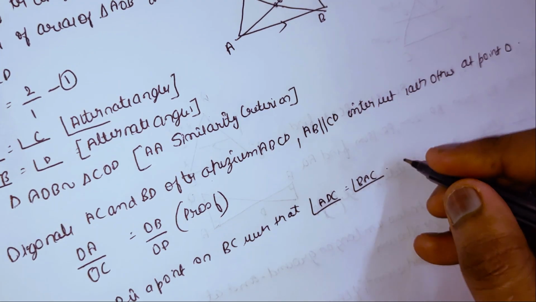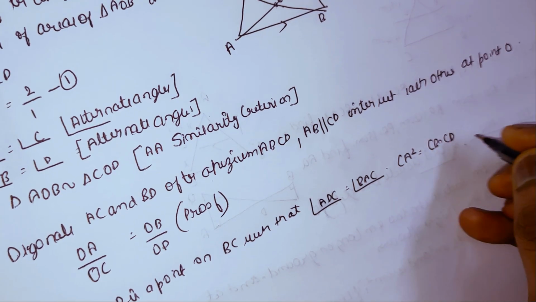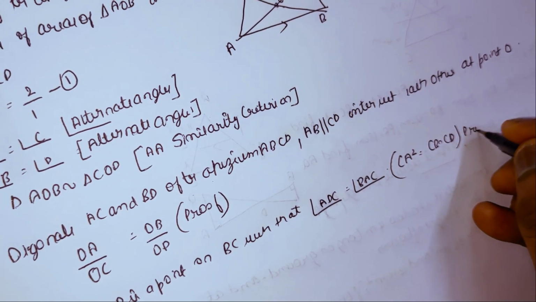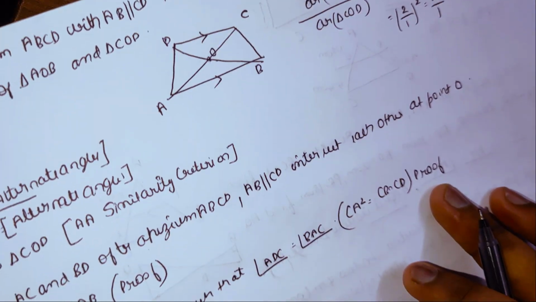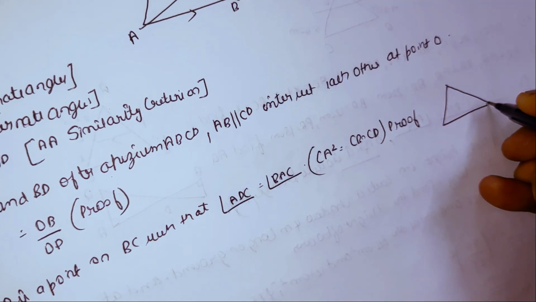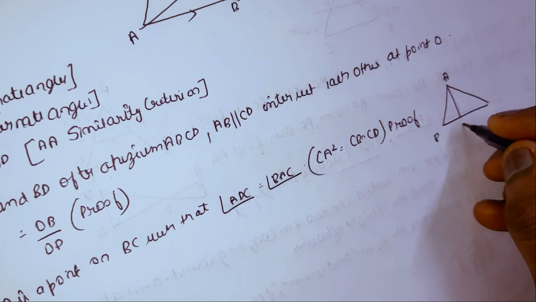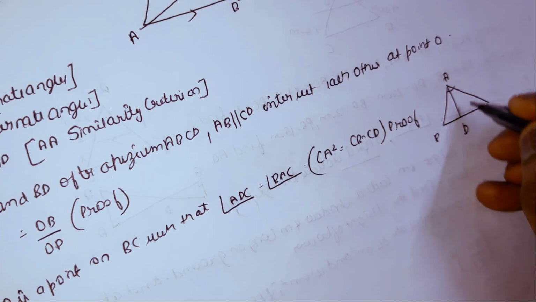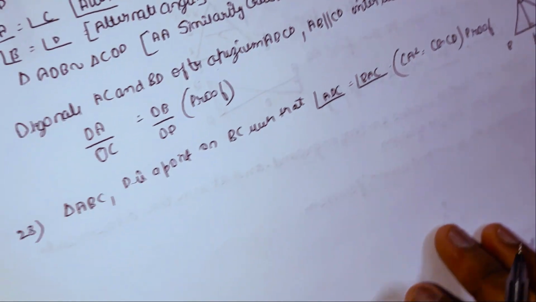You have to prove that CA square is equal to CB into CD. Proof. I'll draw the triangle. A, B, D, C. Now we'll move into 3 mark questions.